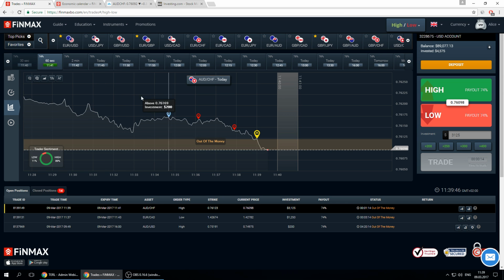Fourteen trades already. Well, this one for Australian dollar to Swiss franc looks like it's going to take long.